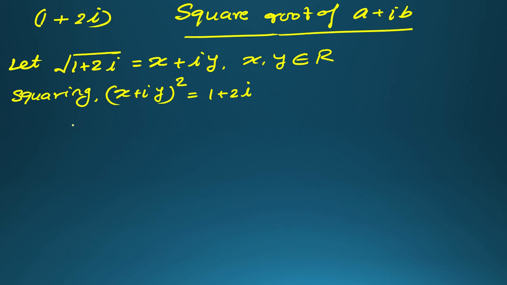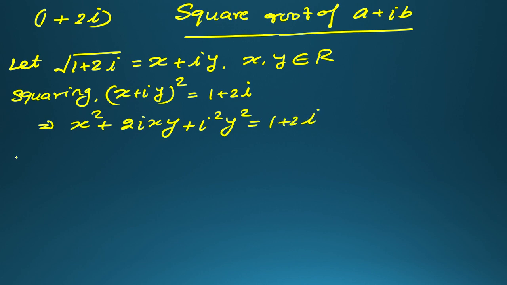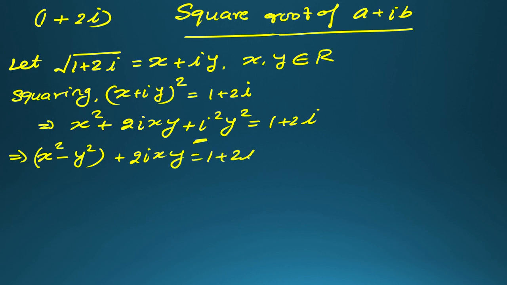Now apply the identity here. It is a square plus 2ab plus b square. So x square plus 2ixy plus i square y square is equal to 1 plus 2i. Now, what is the value of i square? i square is minus 1. So there will be two terms without i. So x square minus y square I am writing together, and plus 2i xy is equal to 1 plus 2i.